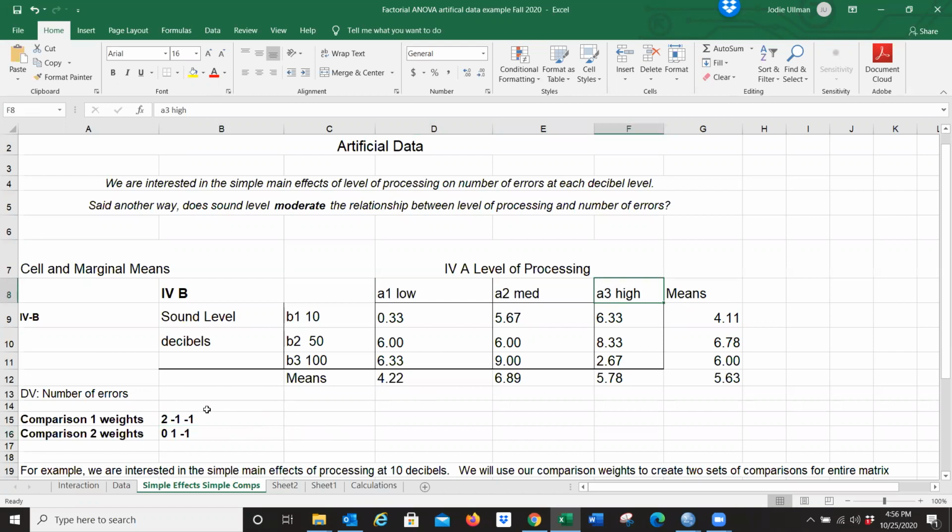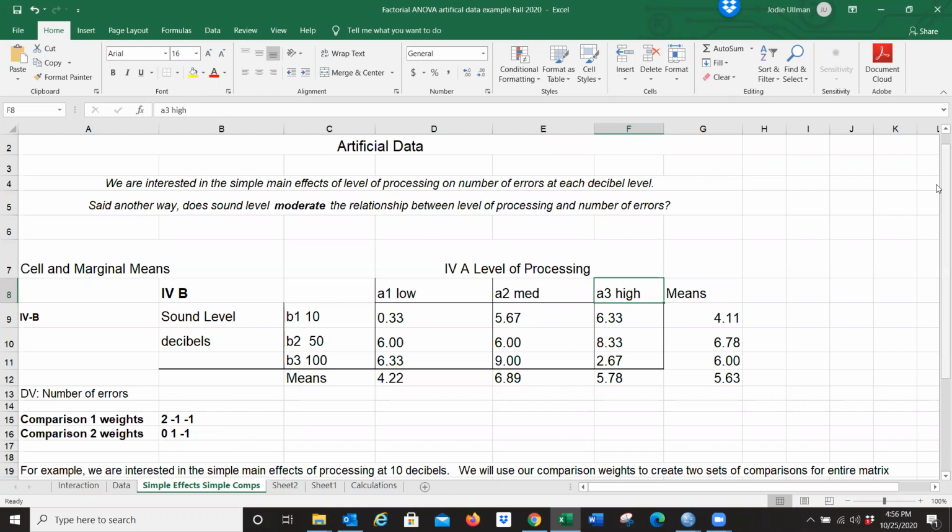So these are the same kind of coefficients you used for any old one-way ANOVA, when we were comparing means. We're just going to apply them to just one level at a time. They should be orthogonal if we want to extract maximum information. So you might be asking yourself, well, if I'm showing you how to do this in SPSS, why are we spending so much time in Excel?